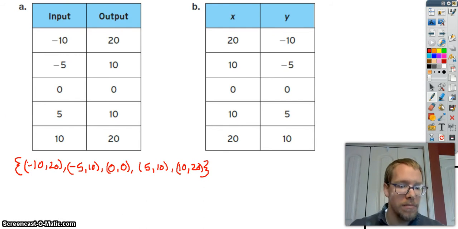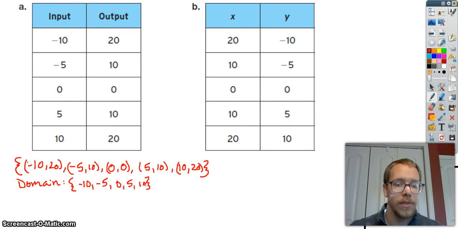Now, what is the domain of this relation? Well, the domain is the set of inputs. So negative 10, negative 5, 0, 5, and 10. What is the set of range values or output values? Well, the range is 20, 10, and 0.